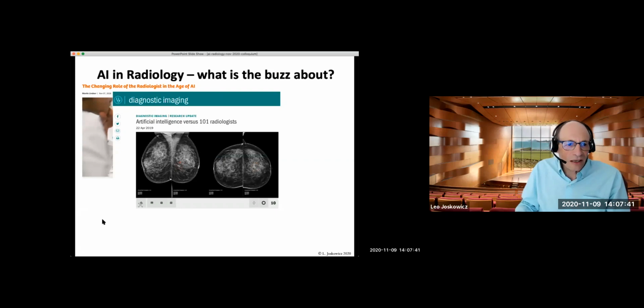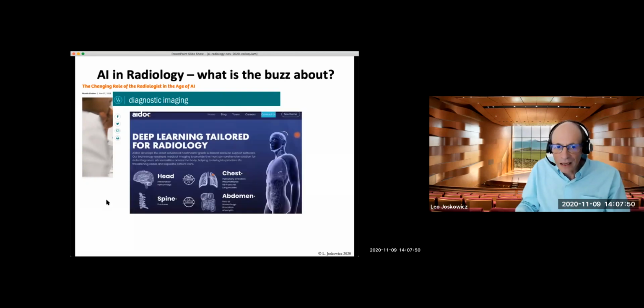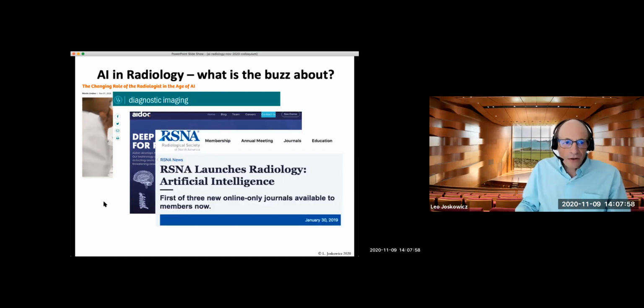Here just a very scant sample of different examples. This is a mammography to detect tumors in breasts. Different companies using AI and deep learning, including several here in Israel. Here's an example of one. The Radiological Society of North America has even launched a journal for radiology and artificial intelligence.